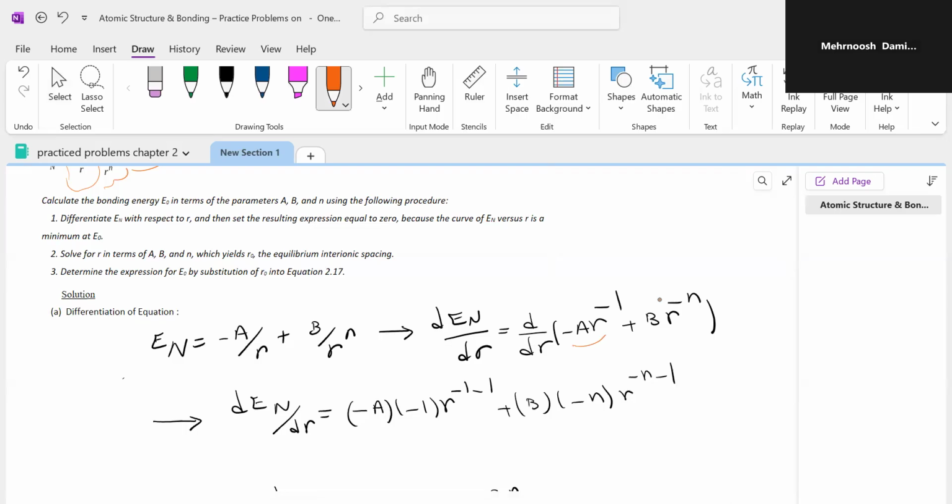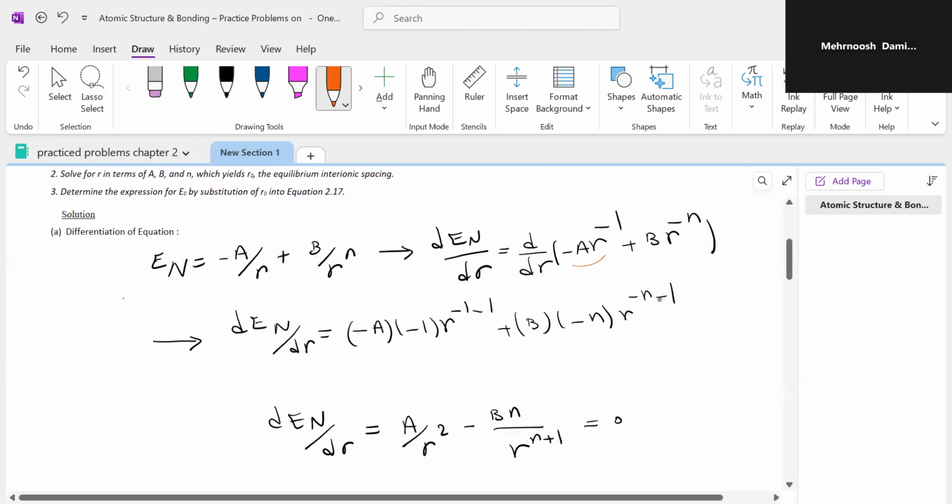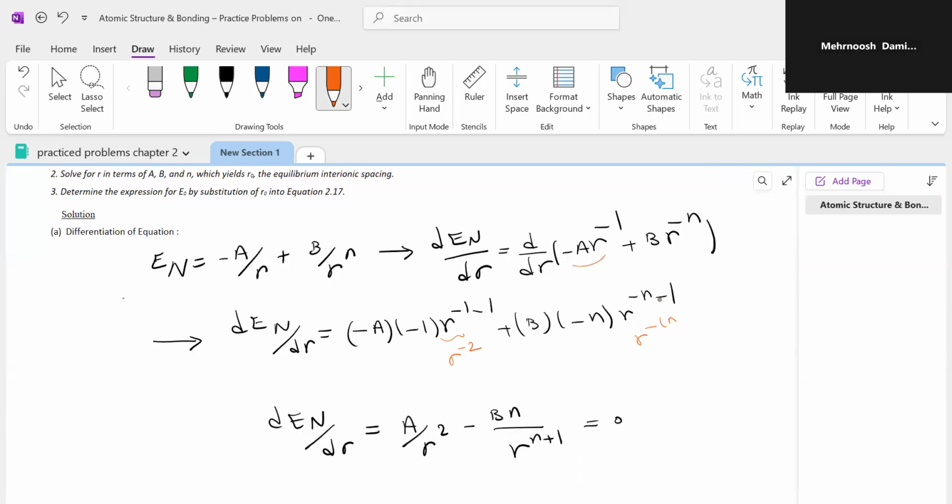Minus A times minus 1, R to minus 1 minus 1, that should be minus 2, plus B times minus N times R to minus N minus 1. So if we write it here, it is R to minus 2 and R to minus N plus 1, and when they go to the denominator, minus changes to positive.